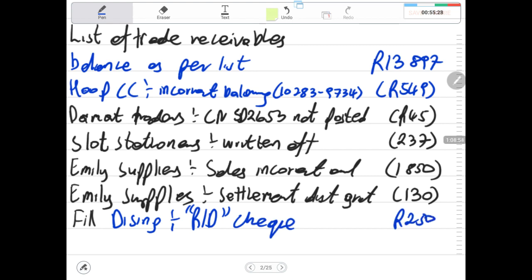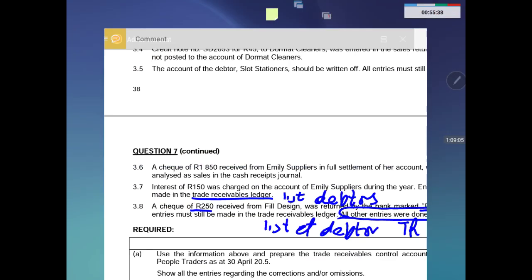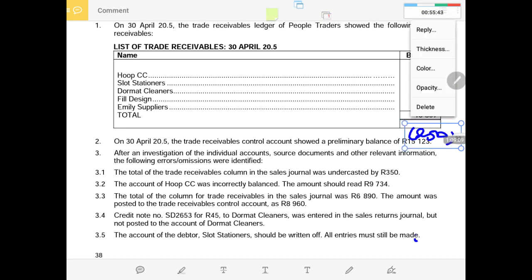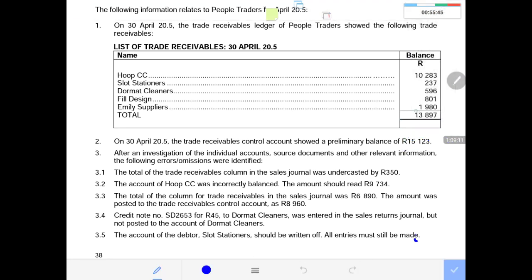Remember, the 250, which is negative, was already deducted a long time ago. When the check was received, this was recorded already, meaning when we were taking the total of the list of debtors, this total of 13,897, we have already deducted 250 because the check was received.